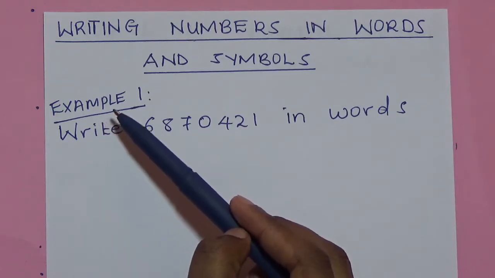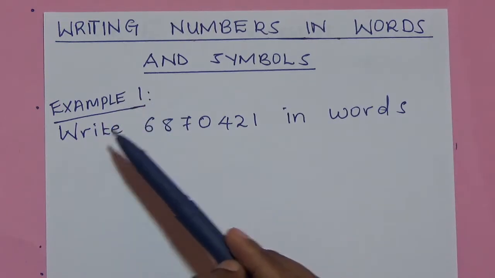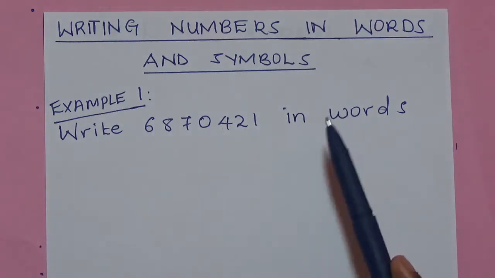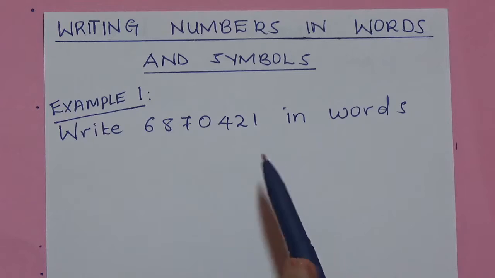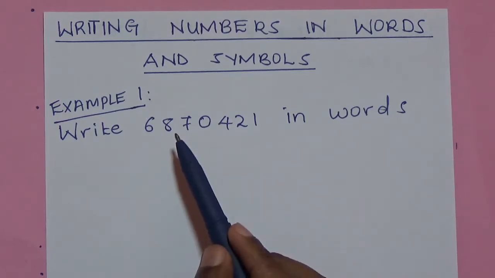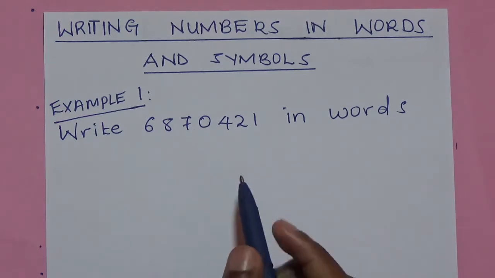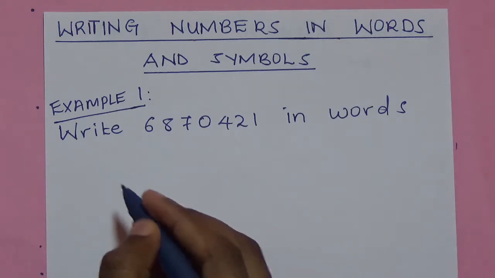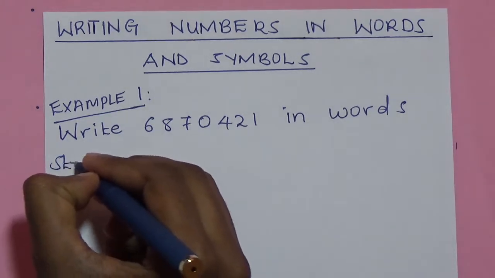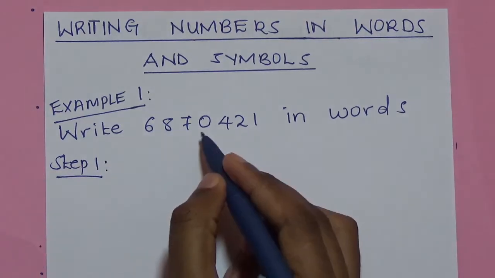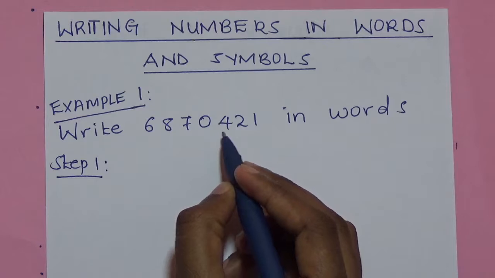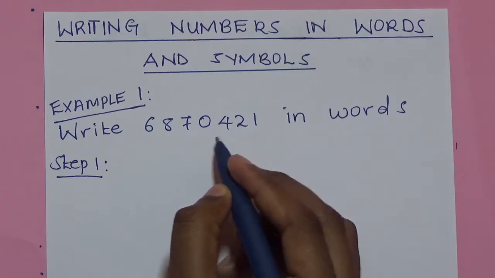In our first example, we are told, write this number in words. So this is the number that we are given. We look at the solution so that you can understand how to go about it. When you are given such a number, step number 1, you need to identify the place value of every digit in the number that you are given.